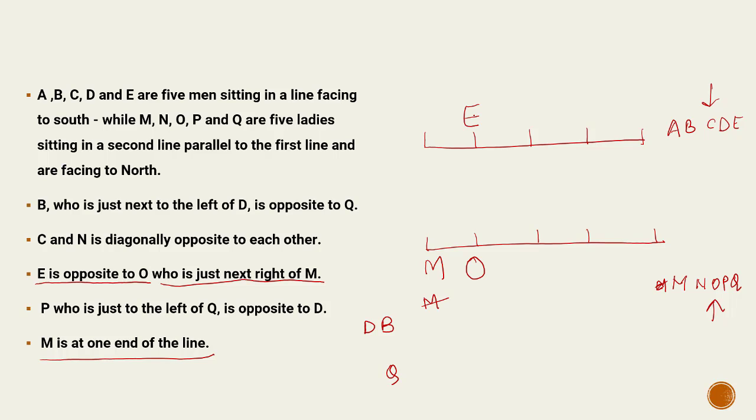So we have got the placement of E, O and M. Now C and N are diagonally opposite to each other. Diagonals are extremes.